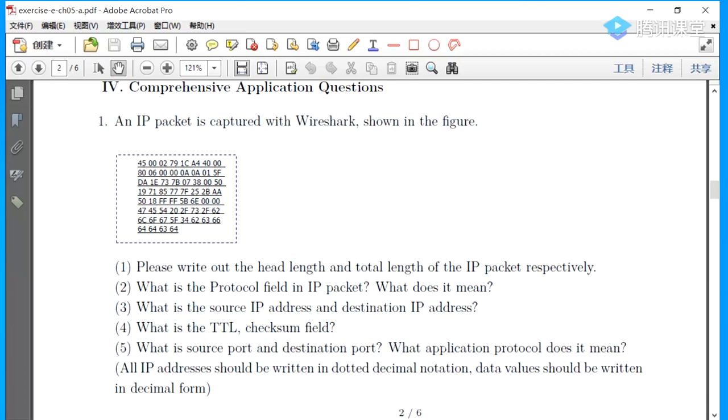So what is the protocol field in the IP packet? 06. That means TCP is encapsulated in the payload.